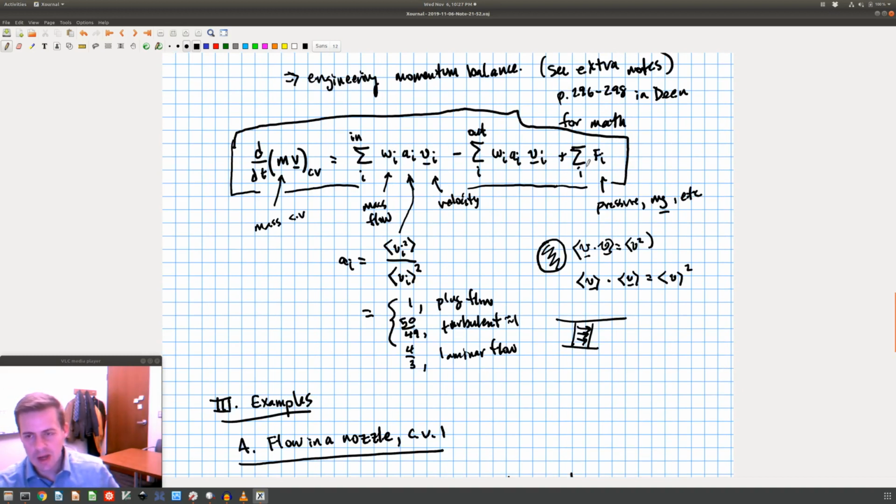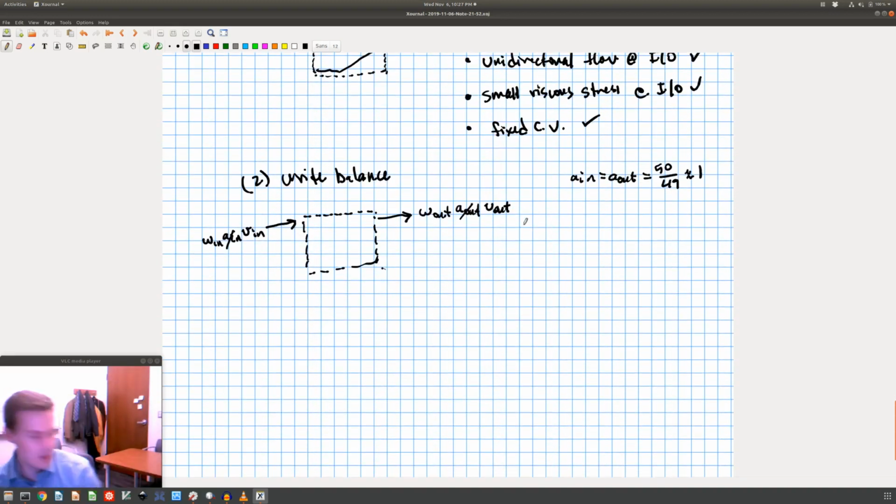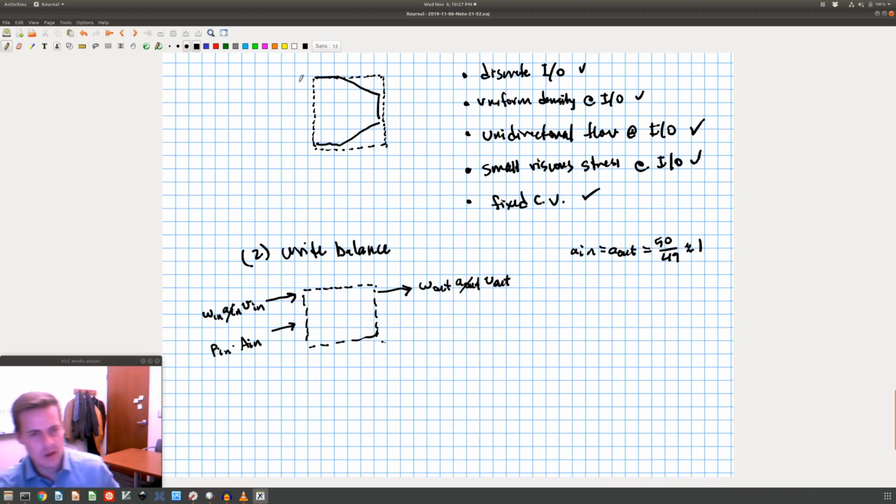I need to write down now my forces, so let me write this as if it's a body force diagram. On this side, I have the pressure in times the area in, because up here on my nozzle I've got the pressure in all along that side. Over here, pushing the other way, P out, A out.